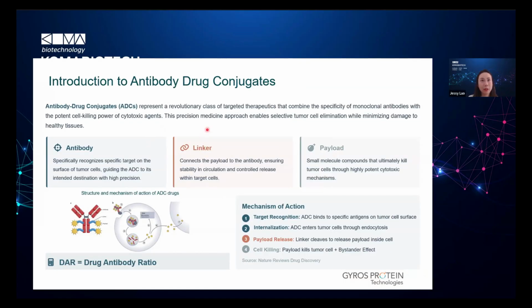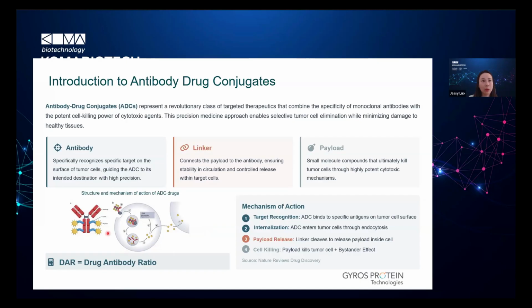Its mechanism of action is also more complex because it will target the tumor cell by the antibody part. And then when getting into the cell, the small molecule will be released and then kill the cell. But the small molecule will also affect the environment of the cell and get into other cells. So this is a quite complex process compared to other molecules.